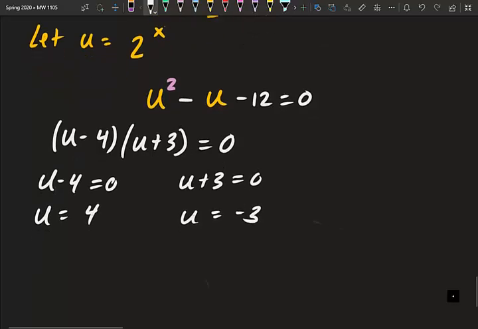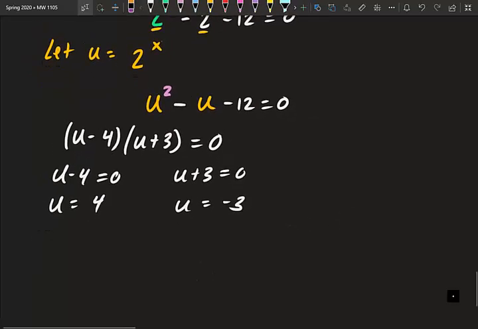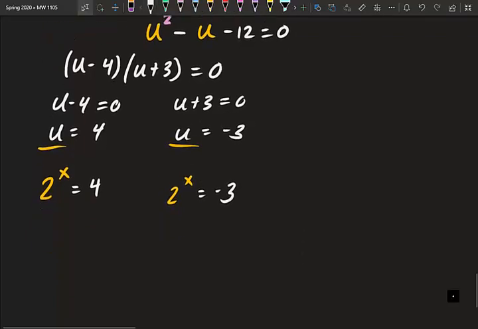Now we said U represents something. It does. Now we have to plug it back in. So U represents 2 to the power of x. Now we have to solve for x. So 2 to the power of what equals 4? Well, we know x is 2. 2 squared is 4.